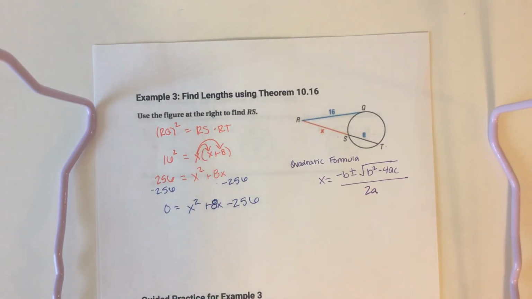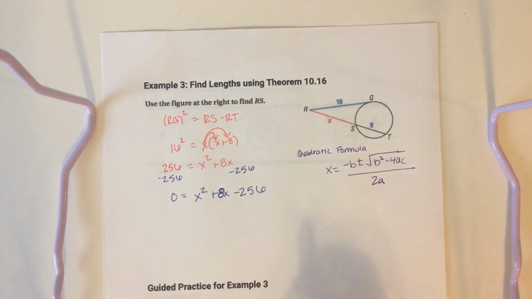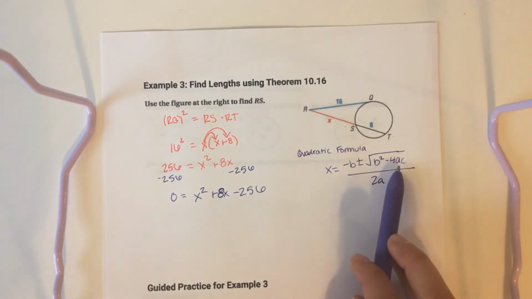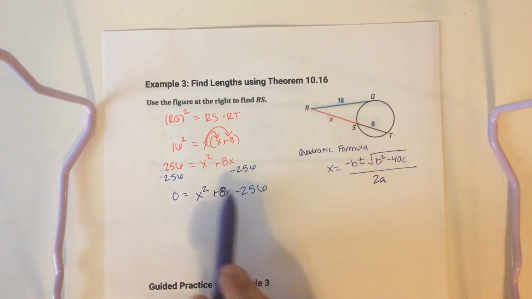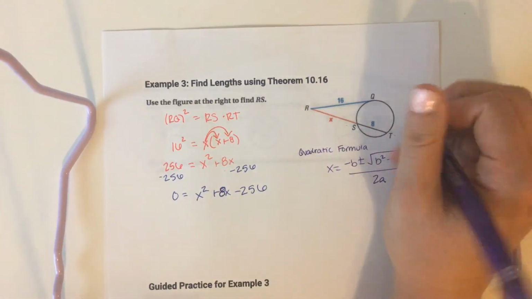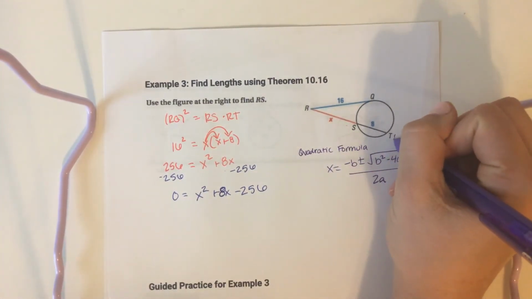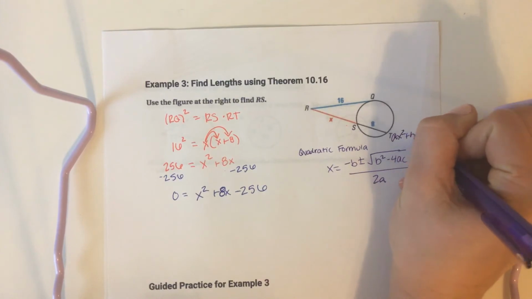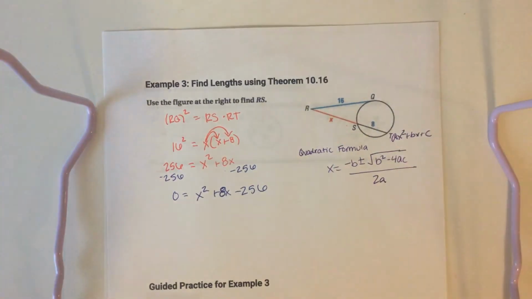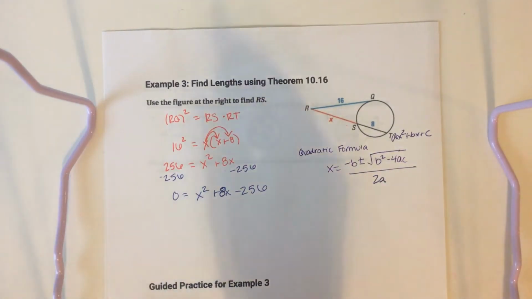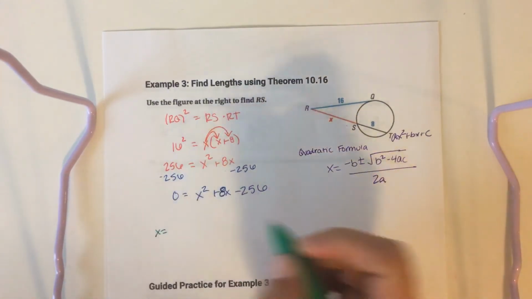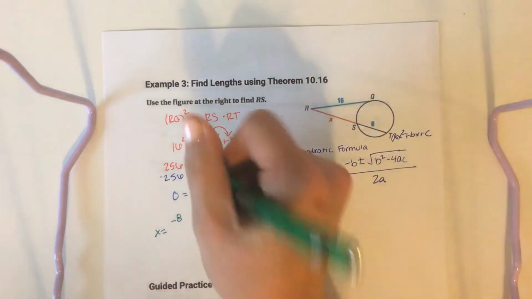Again, you guys will not have to do this on your own. These b, a, and c here are just the numbers we see over here from our standard equation. We have ax squared plus bx plus c, and it's just those coefficients. So plugging things into this quadratic formula here, we would get x equals negative b, which is going to be negative 8.